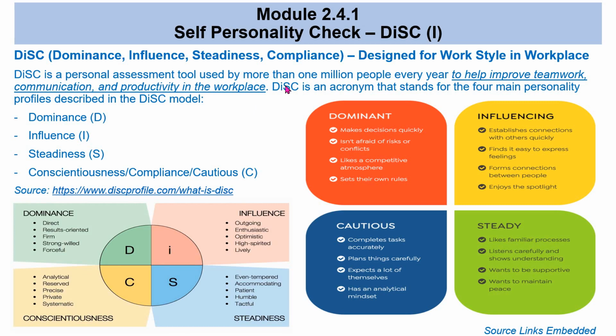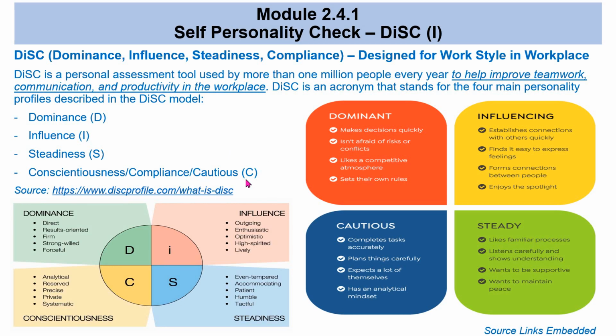So DiSC stands for four main personality profiles, which are called dominance, represented by D, influence, represented by I, steadiness, represented by S, and C, which represents conscientiousness, as you would call it, as well as compliance or cautious.